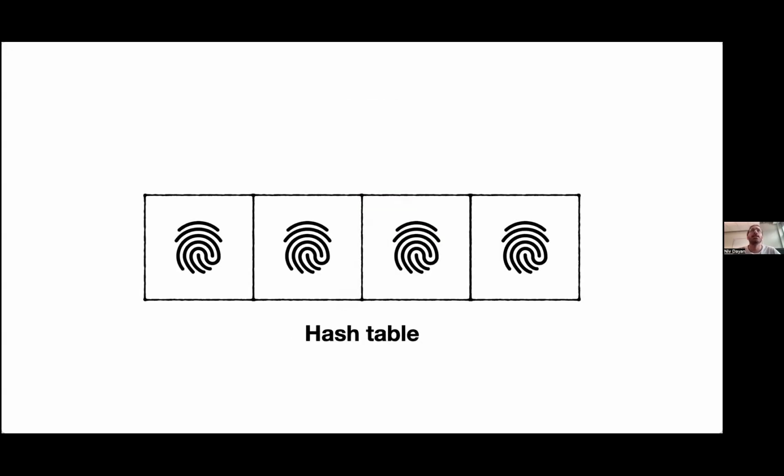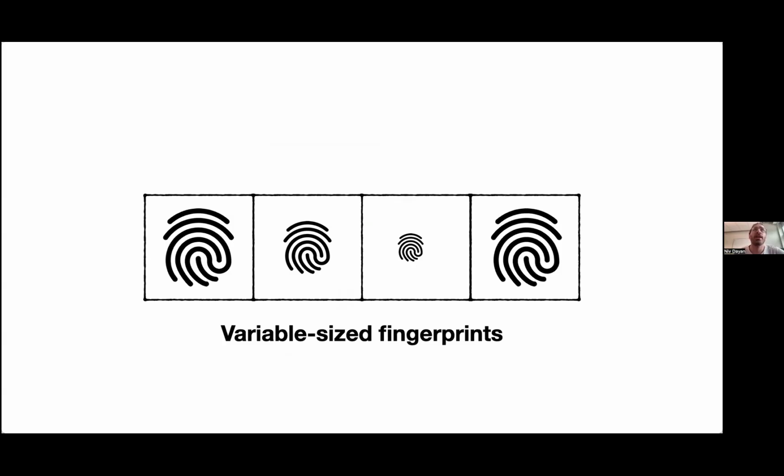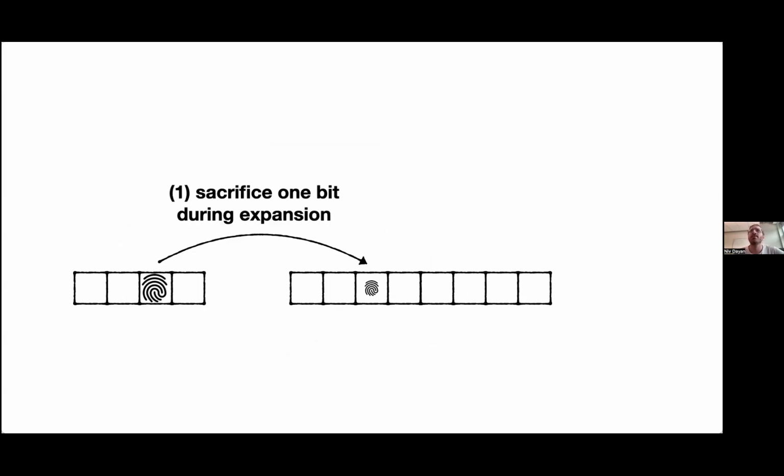InfiniFilter is also based on these fingerprint filters. It's also just a hash table of fingerprints. But the core innovation is that the fingerprints can now have variable sizes. I'll talk about how we support them, but why do we need the fingerprints to be variable sized?